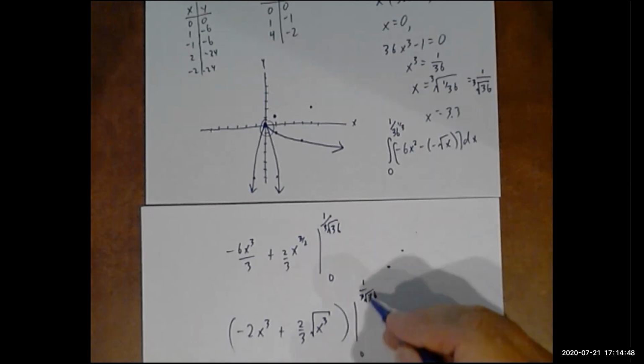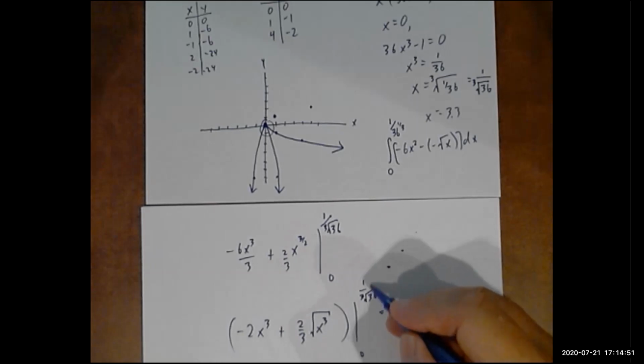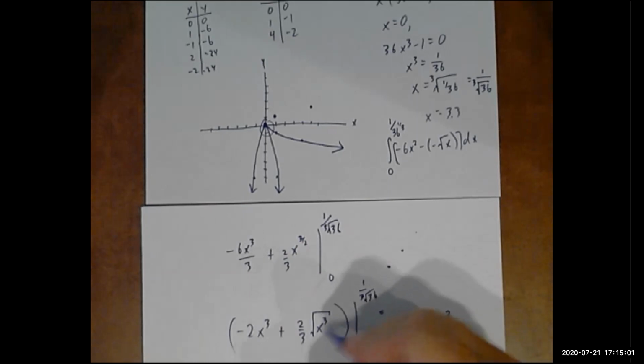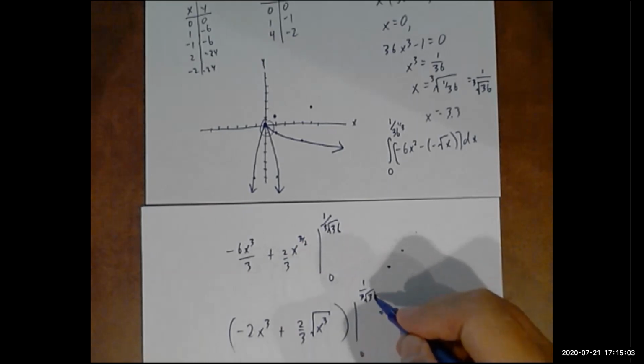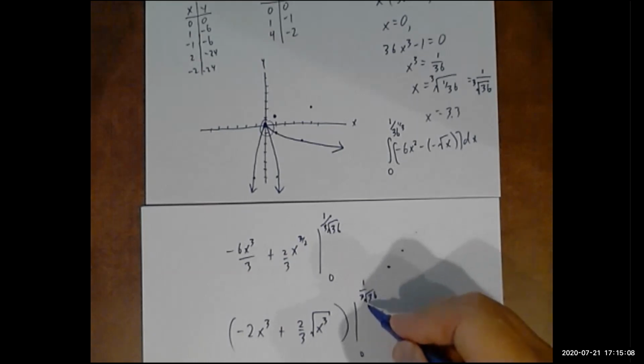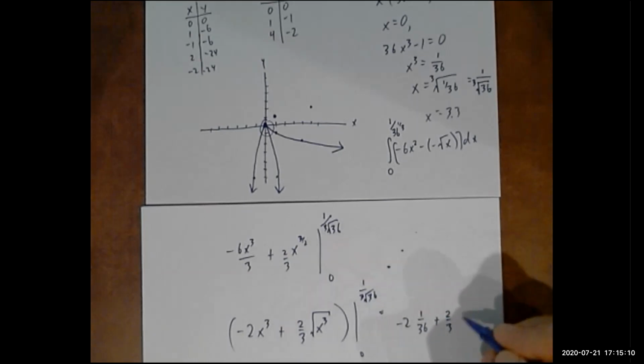So negative 2, plug this in for x. You cube this whole thing, and you get 1 over 36 plus 2/3. You cube this whole thing, and you get 1 over 36. But the square root of that is 1 over 6.